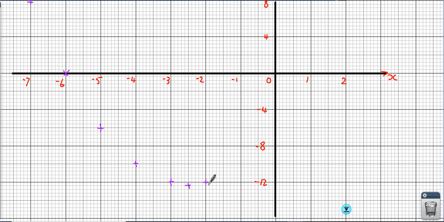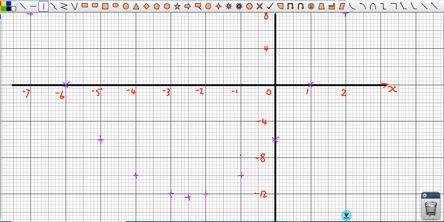Minus 2 with minus 12. Minus 1 with minus 10. 0, minus 5. 1, 0. And 2, 8. Those are our coordinates. I am now going to draw the curve.